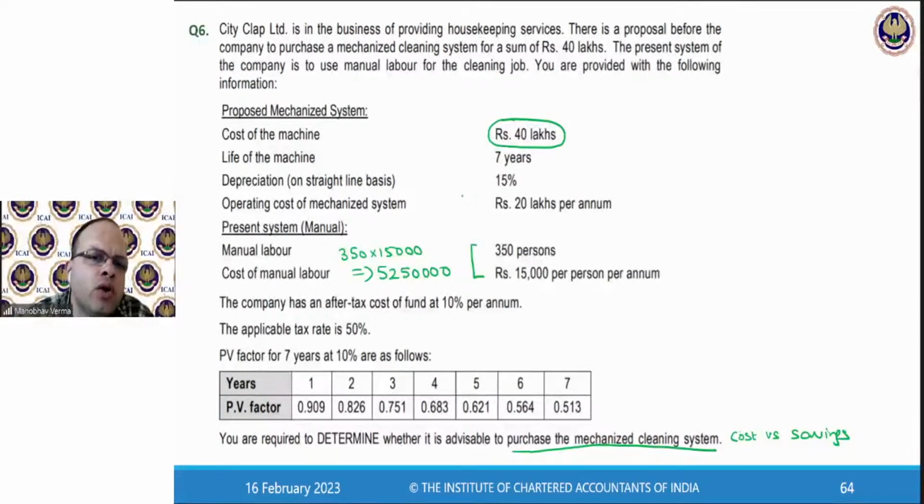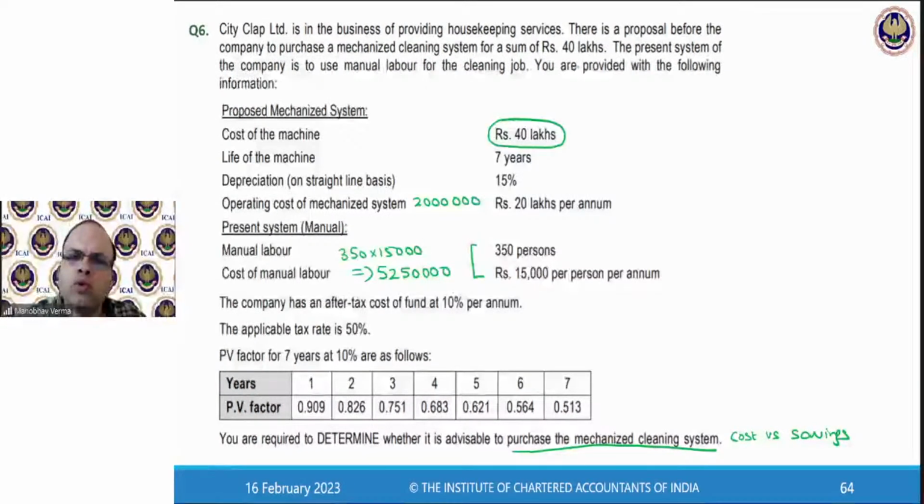And what is the new cost here? 20 lakhs. Any other cost, guys? I think depreciation, because it's an automated scenario. And we will anyways have to see a tax shield on the depreciation.